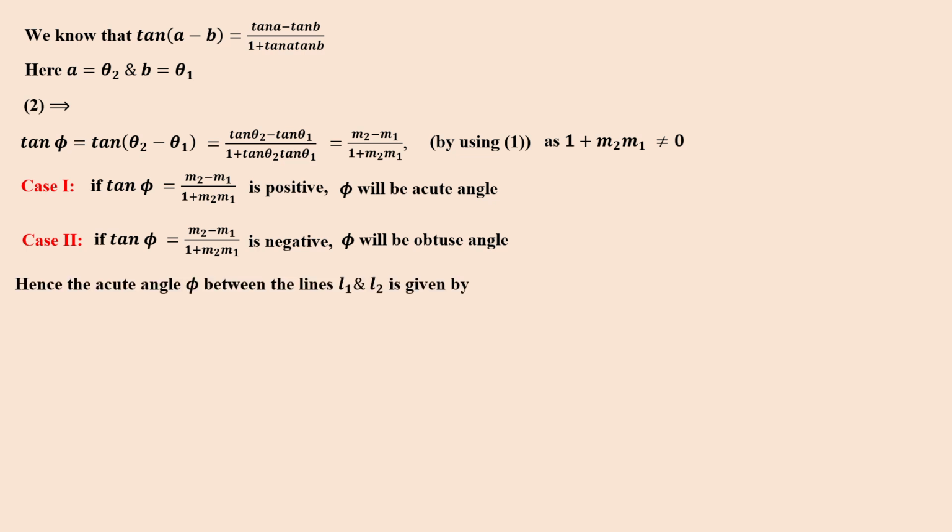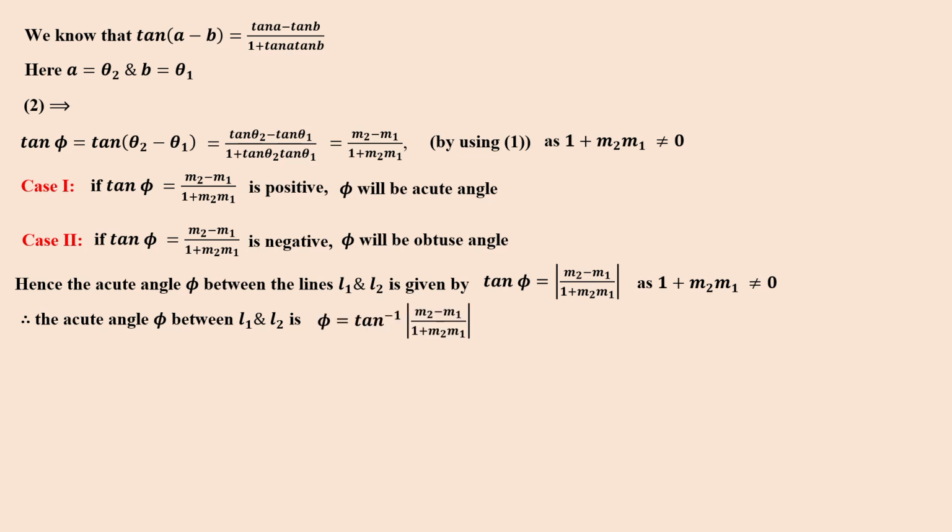Hence the acute angle phi between the lines L1 and L2 is given by, so we are going to take the modulus, right? Tan phi is equal to modulus of m2 minus m1 by 1 plus m2 m1, as 1 plus m2 m1 is not equal to 0. Therefore the acute angle phi between the lines L1 and L2 is phi equal to tan inverse of modulus of m2 minus m1 by 1 plus m2 m1.